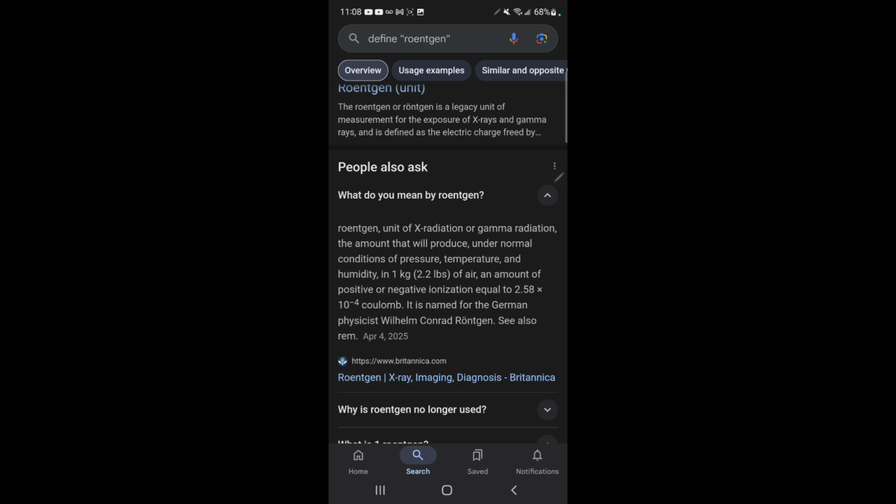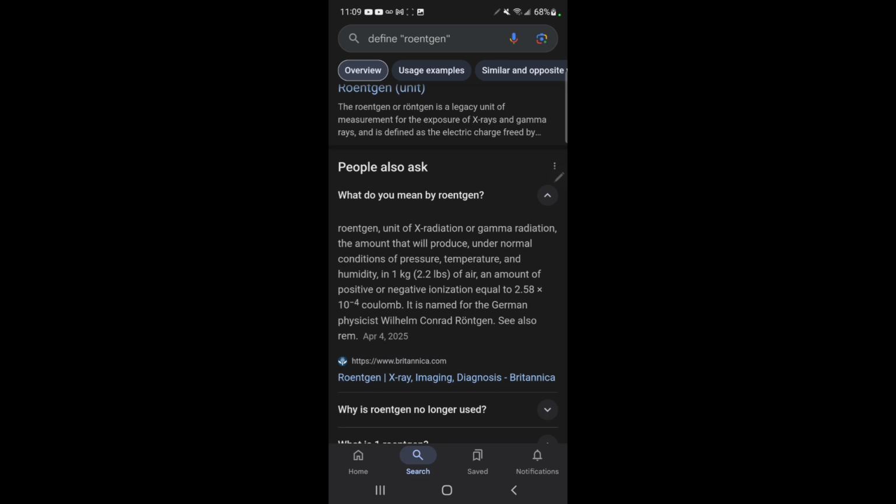The amount that will produce under normal conditions of pressure, temperature, and humidity in 1 kg or 2.2 pounds. So we are being weighed down.